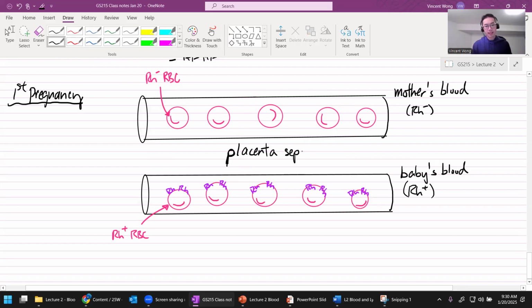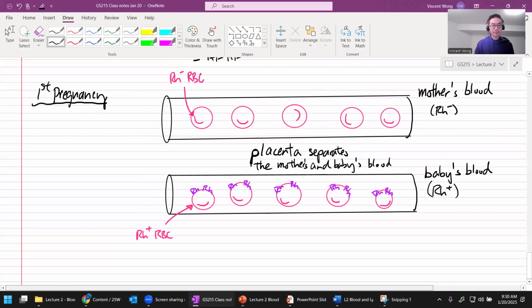Separates the mother and baby, the mothers and the babies, I guess. Mothers and babies' blood. All right. So there's no mixing going on. So far, so good.